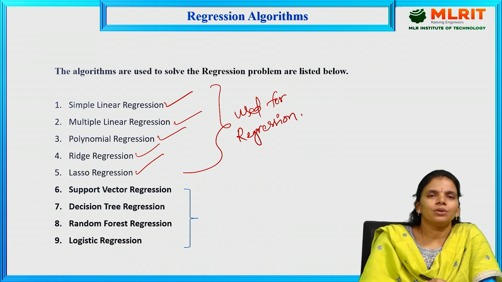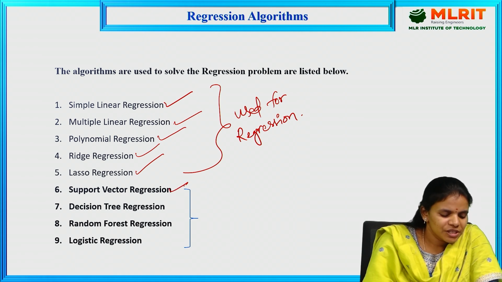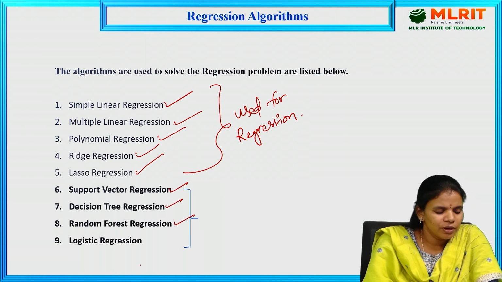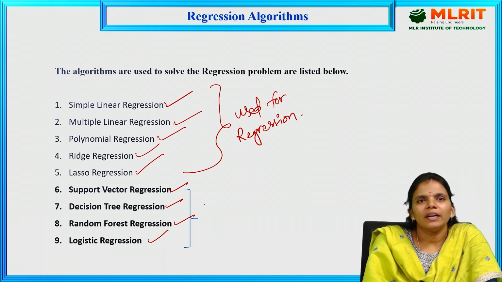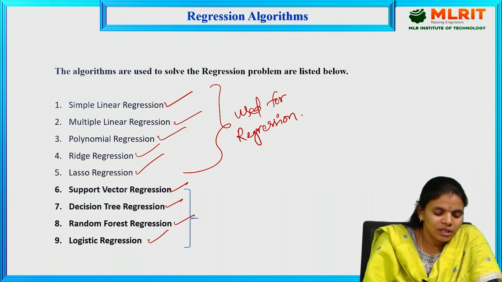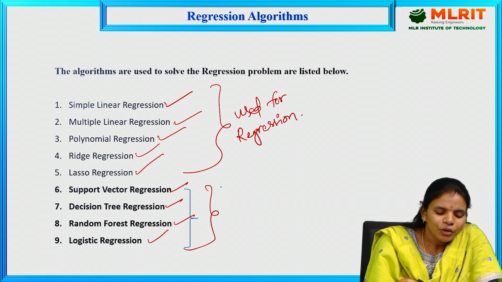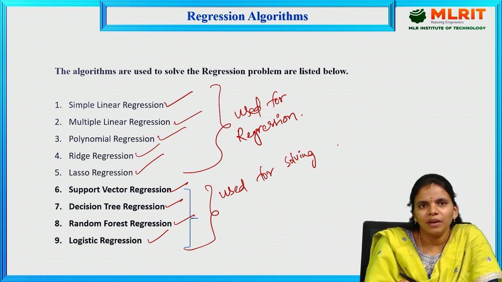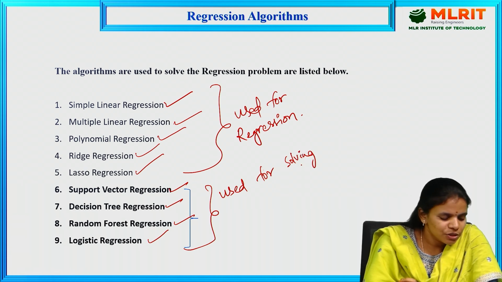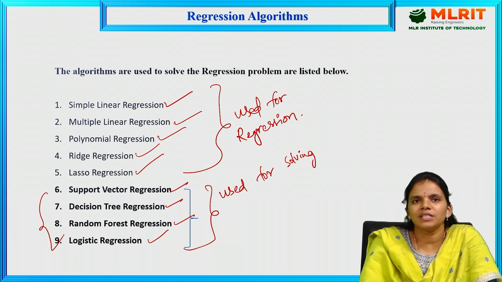Next, support vector regression, decision tree, random forest regression and logistic regression. These four, support vector, decision tree, random forest and logistic, are used for solving classification problems as well as regression problems, based on the type of the problem.